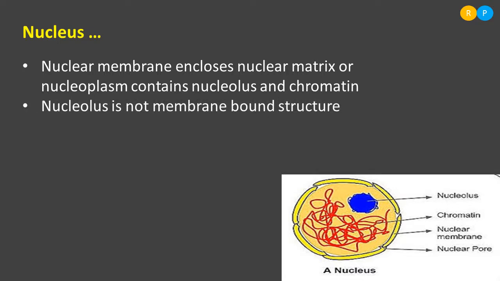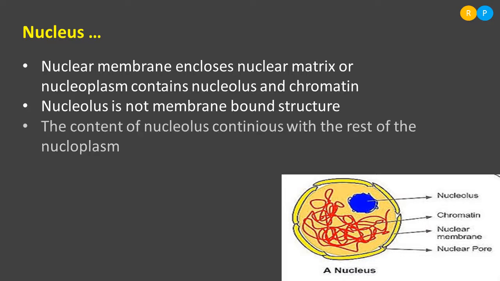chromatin. So nucleolus is not a membrane bound structure. So there is no membrane to the nucleolus, so it directly connects with the nucleoplasm region. There is no boundary between the nucleoplasm and nucleolus, so we can find the direct connection between the nucleoplasm and nucleolus.